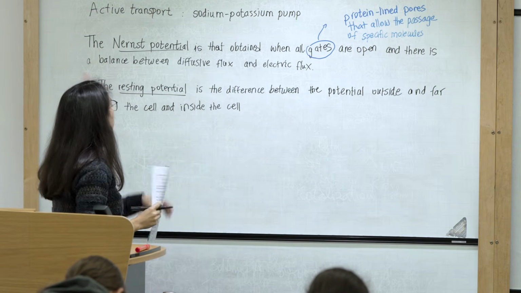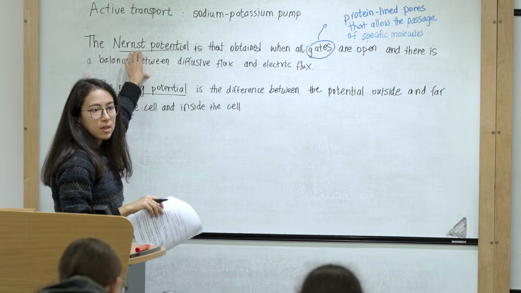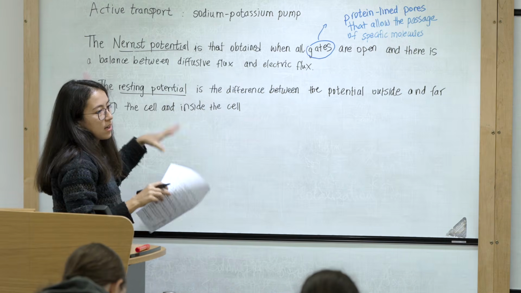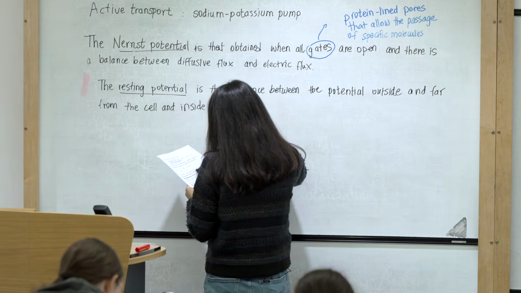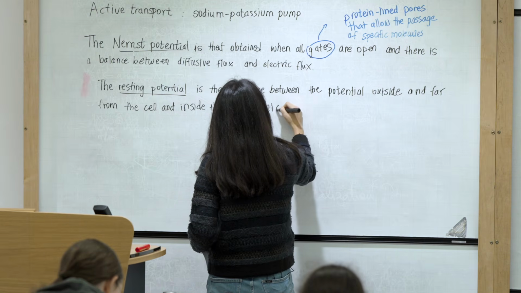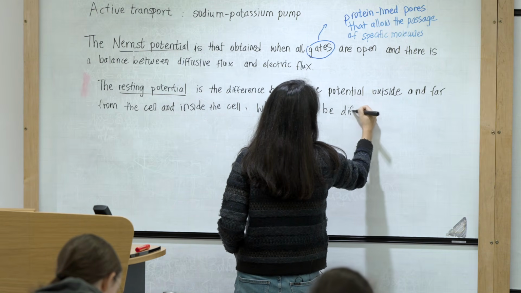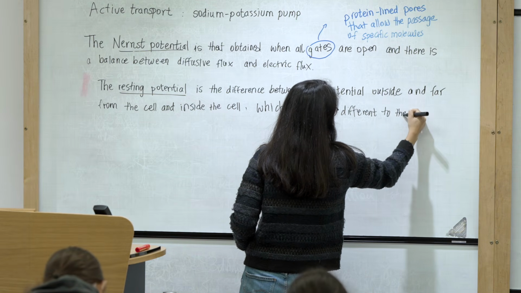And basically, the Nernst potential is talking about a specific ion, so it could be sodium, let's say, or potassium, right? But in this case, I'm talking about all ions together. So I will say here inside there, which may be different to the Nernst potential.